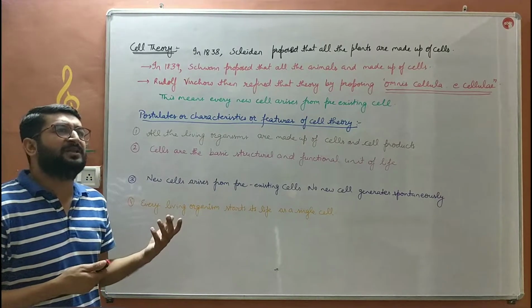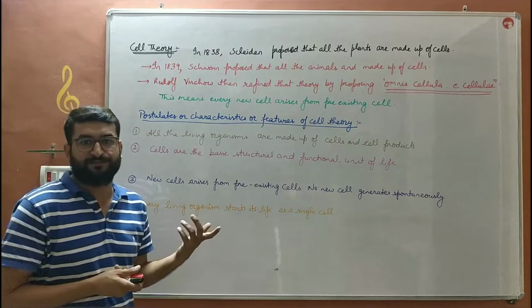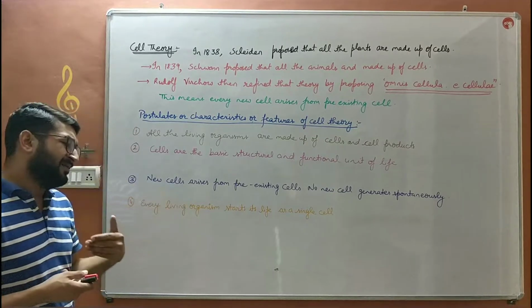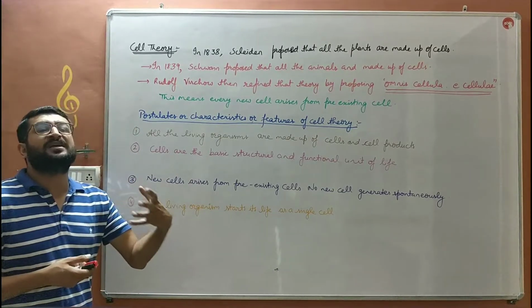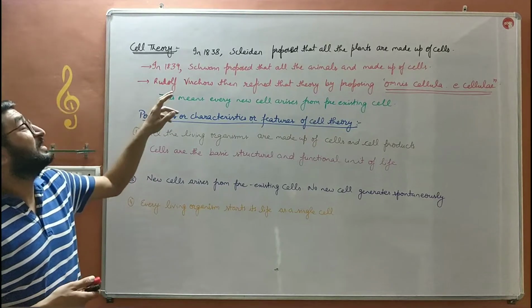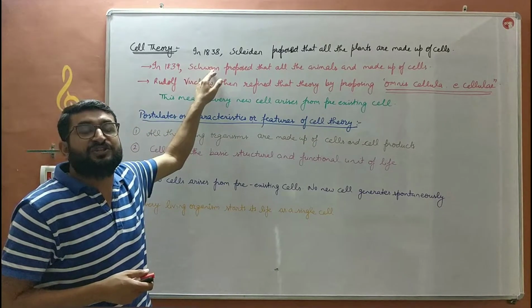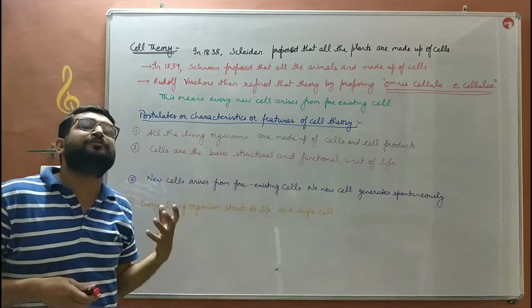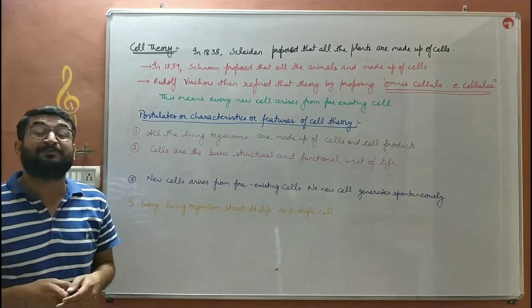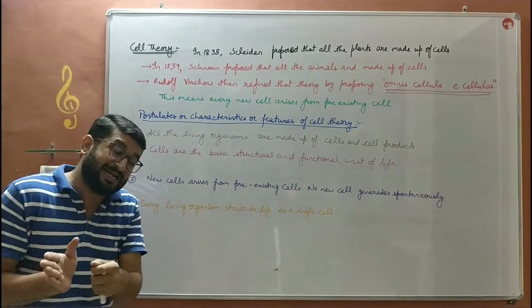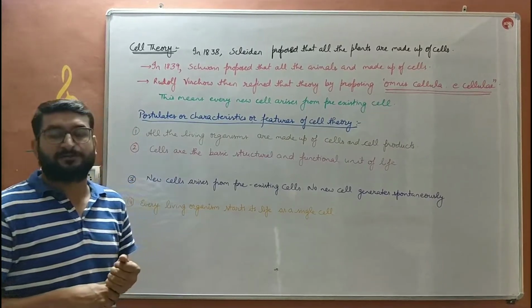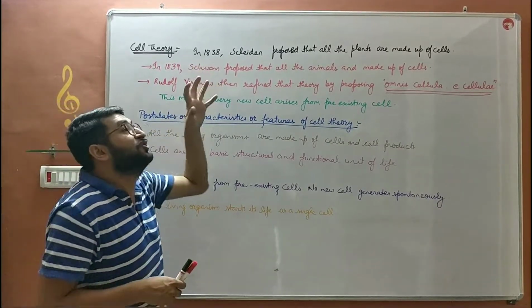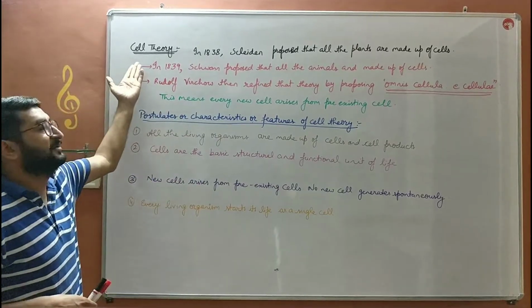According to Schleiden, the plants are made up of cells. Then, in 1839, one year later, another scientist named Schwann proposed that not only the plants, all the plants and animals are made up of cells. So both of them then united together and proposed the cell theory.